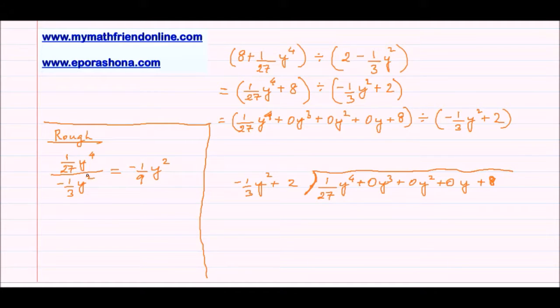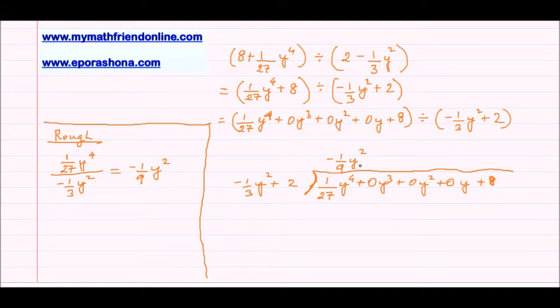So this is the result of this monomial division, which is the term of the quotient. Let us write this at the top of the long division symbol. So we have minus 1 by 9 y square.